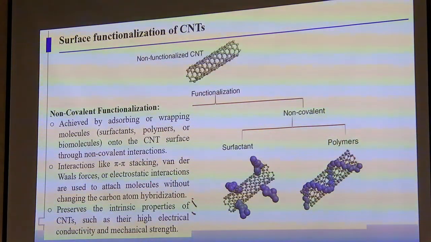And it preserves the intrinsic property of the carbon nanotube, so it maintains the high electrical conductivity. That's very straightforward. So now the question is, which approach is better? Again, it depends on the application you are looking for.